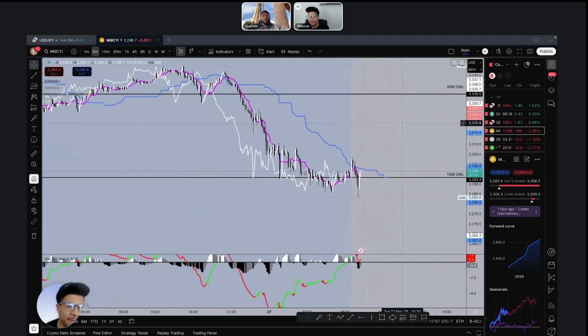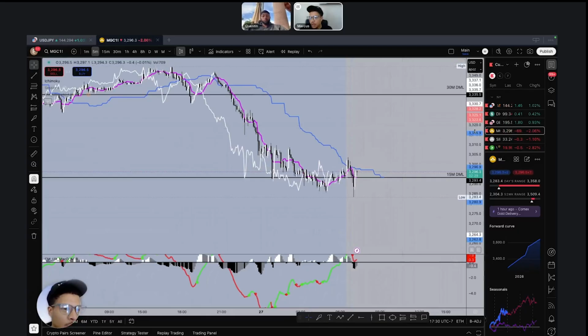When we look at the fundamentals, the tariffs are a big one still. The Ukraine and Russia. There's some stuff going on in the Middle East again. Those three things, right? I just don't see any solution yet, so I don't see why gold would continue to fall out the sky.